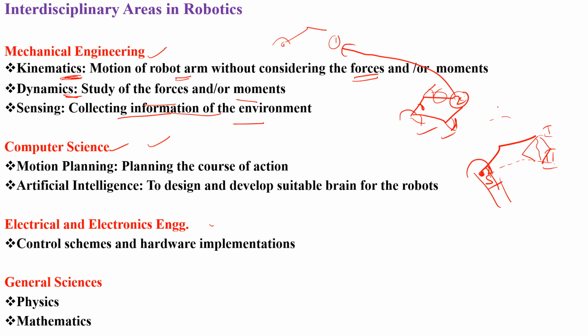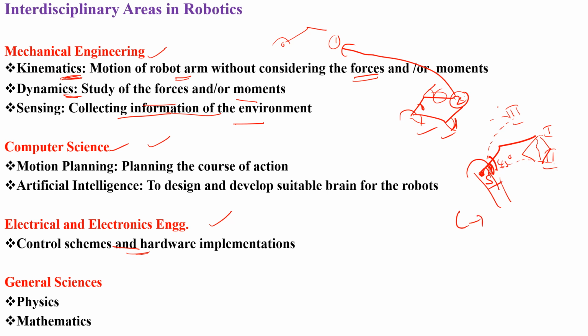Next one is electrical and electronics engineering, for control schemes to implement the controller. Here, for example, this is the sensor. This sensor will sense that the angle is 45 degrees. If I want to make the robot move over here to the third position, you have to increase the angle, but the current angle is 45. So we need a controller.